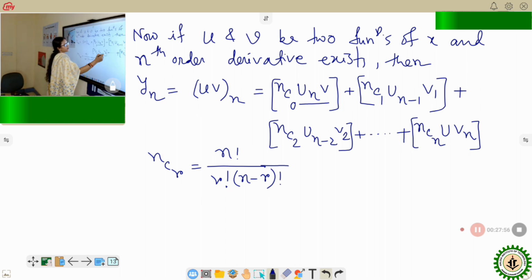What are v1, v2 and vn? They are the differentiations of v with respect to x: v1 means first order derivative, v2 means second order derivative, and similarly vn is the nth order derivative of v. Now you know the expression of nCr, which equals n factorial divided by r factorial into (n minus r) factorial.